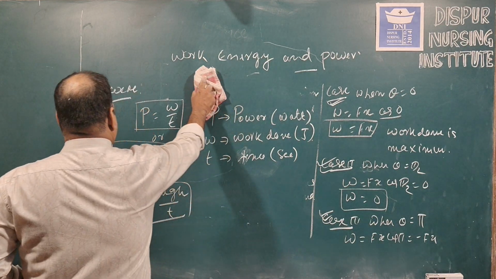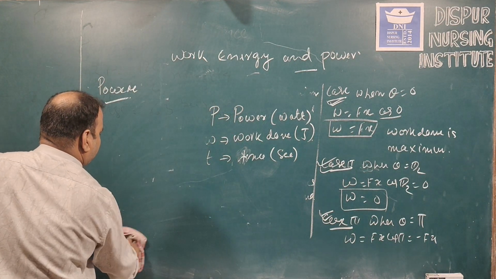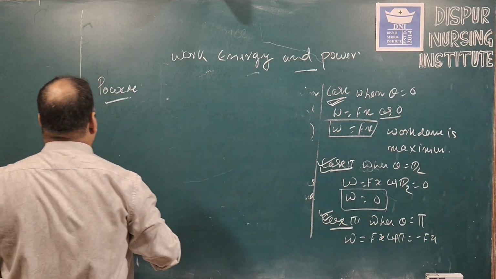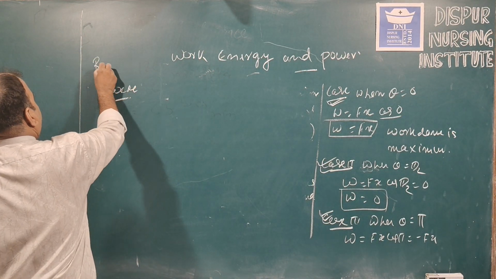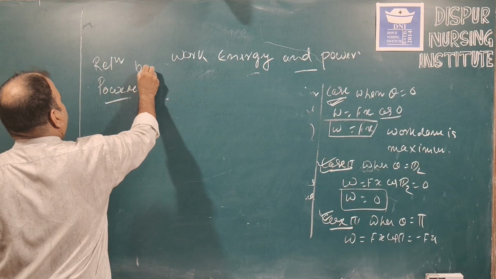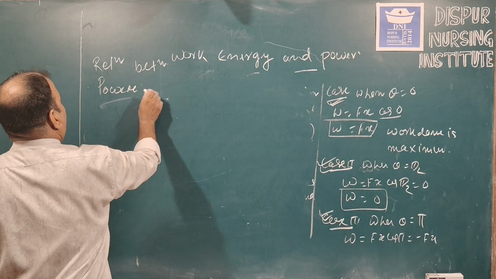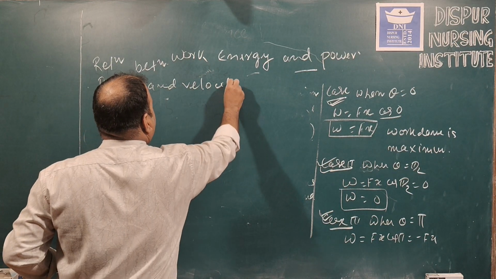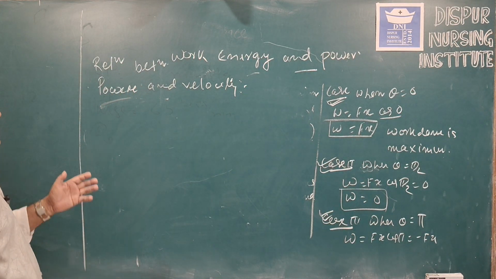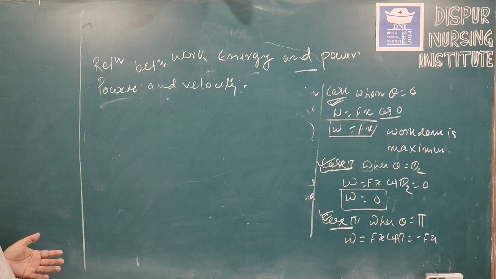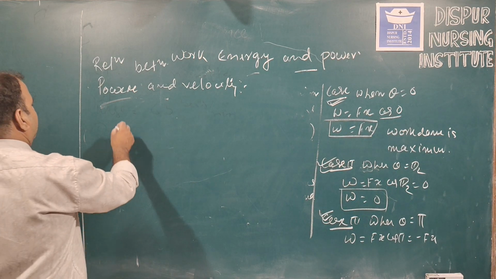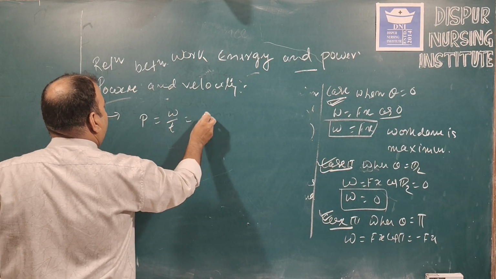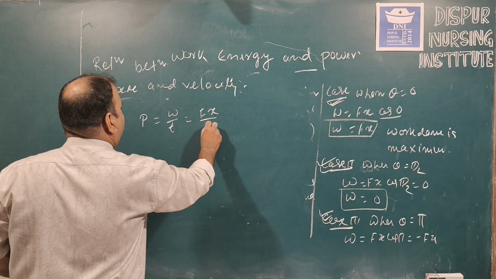Next, you can see the relation between power and velocity. Power is represented by W by T, that is, work done, force into displacement, divided by time.